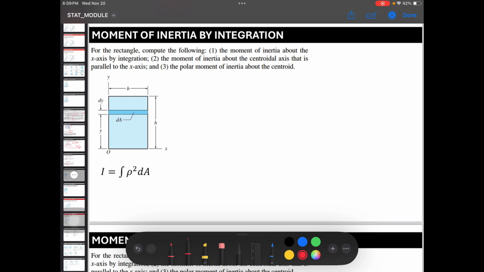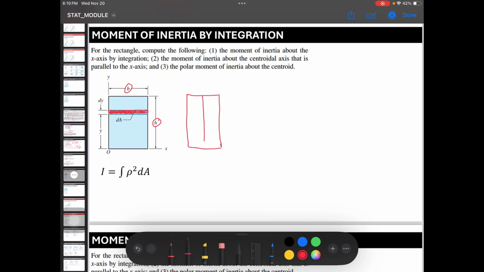So, meron nang moment of inertia ang rectangular na patayo, di ba? So, paano ba yun nakuha? Let's take a look. So, ito yung rectangular section natin, nakatayo siya. Of course, ang rectangle natin, meron yung B, may H yan. Paano natin makuha si moment of inertia? So, by integration, gagawa tayo ng isang differential area, differential element na pahiga.